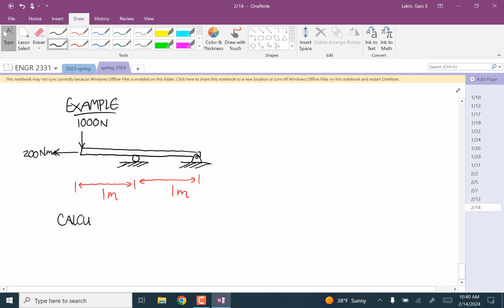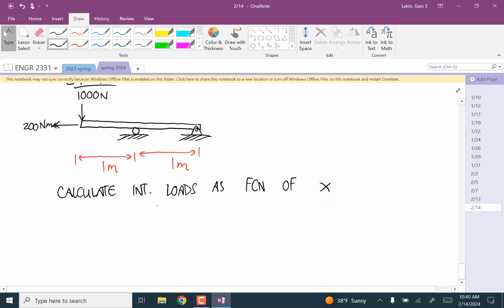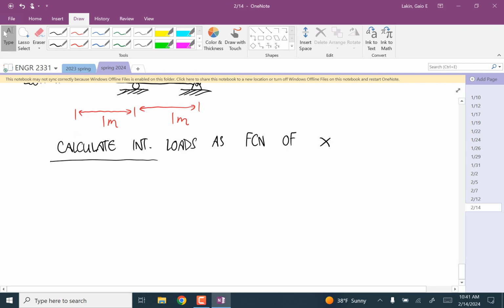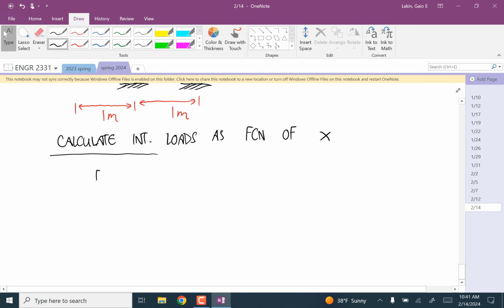And we want to calculate the internal loads as a function of x. Well, the first thing we have to do is calculate the external loads. So I'll isolate the whole thing.